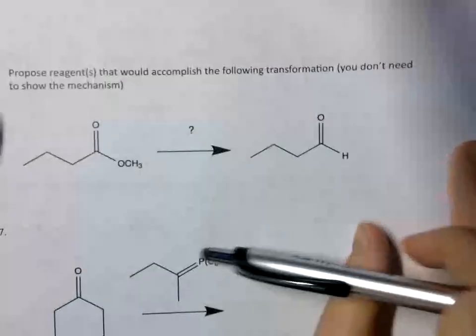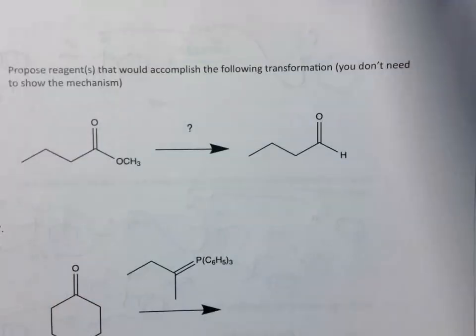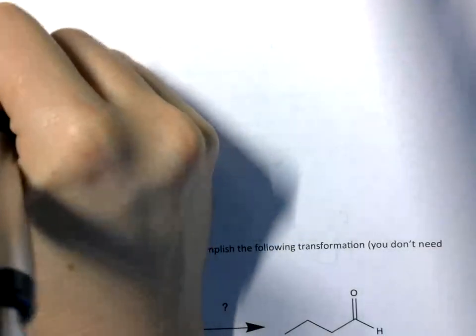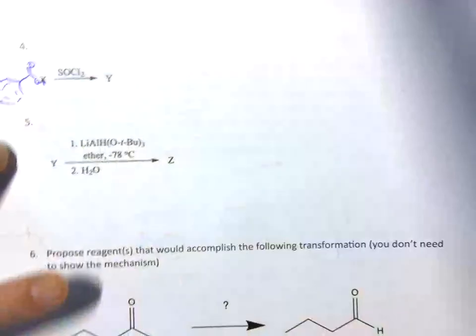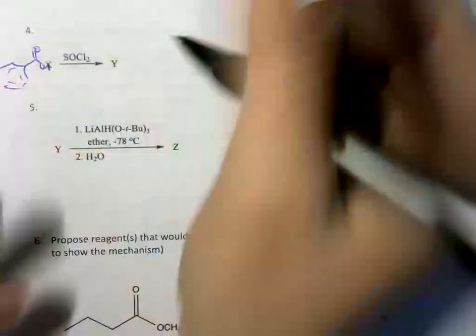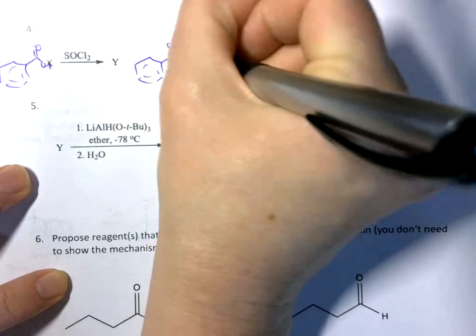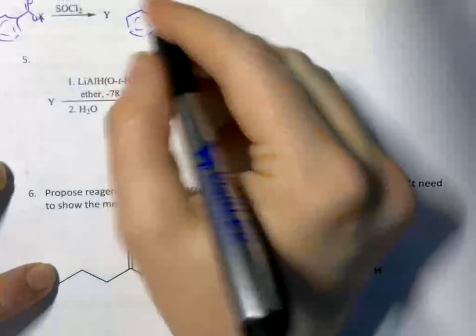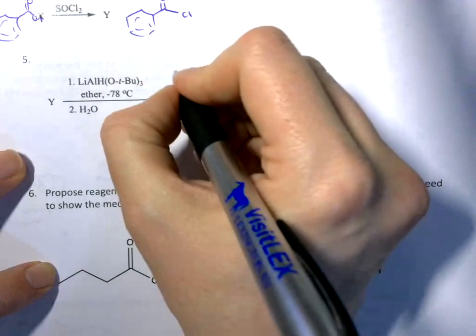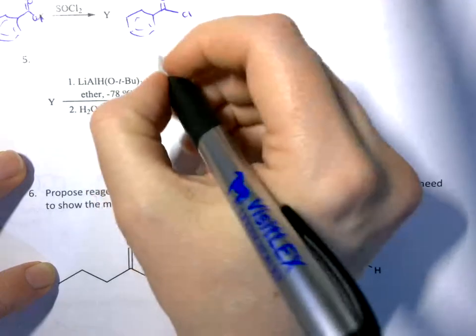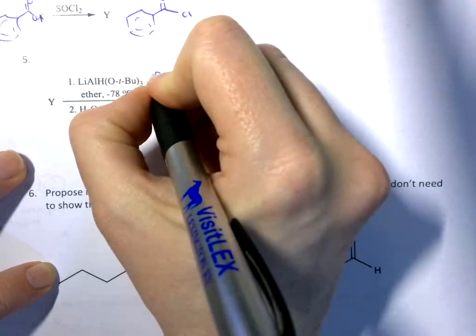The next step of this reaction is you take a carboxylic acid from your step before, and it goes through SOCl2, and you don't have to know the mechanism for that one either for this semester. In future semesters you might, but as long as you know that this goes to acid chloride, and then this lithium aluminum hydride. So aluminum hydride with 3 tert-butoxy groups.